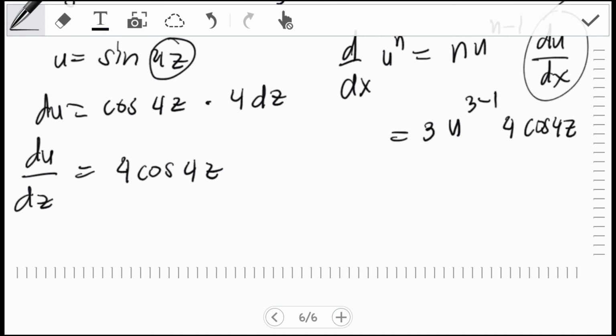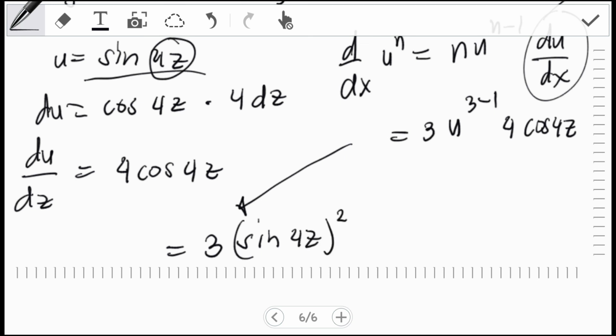So this is equal to 3 times sine 4z to the power 2, times 4 cosine 4z.